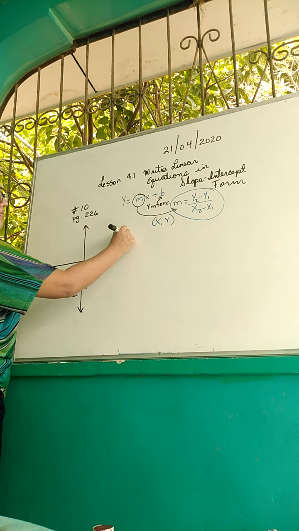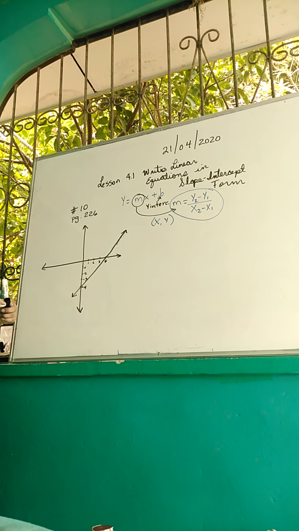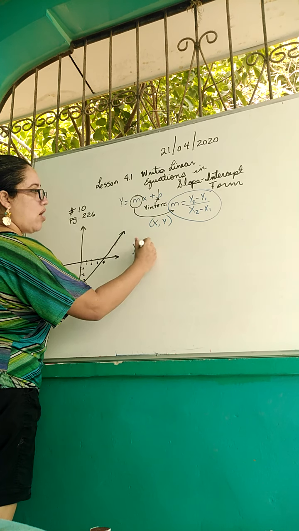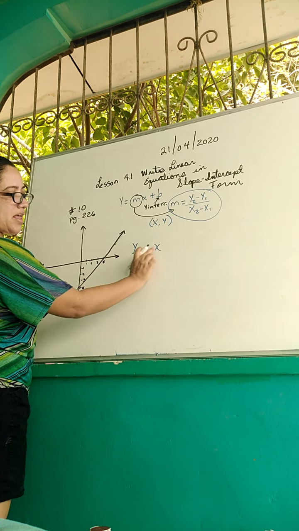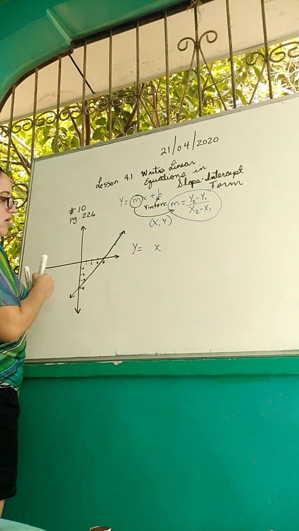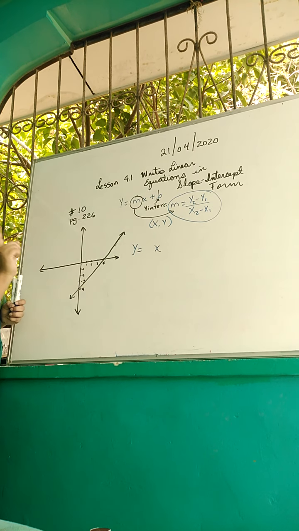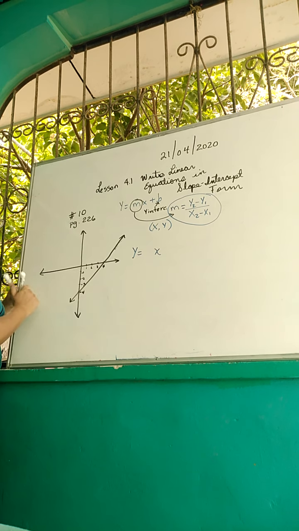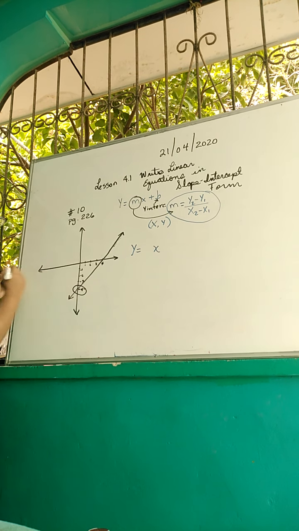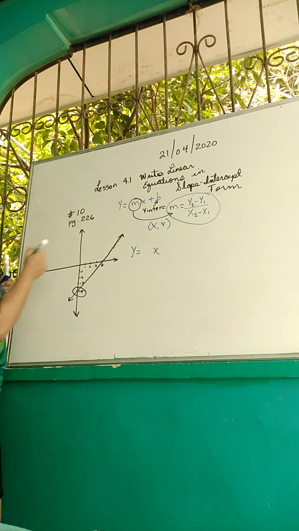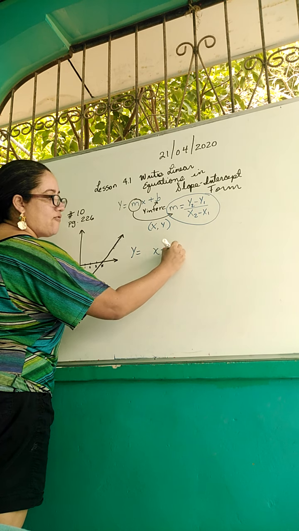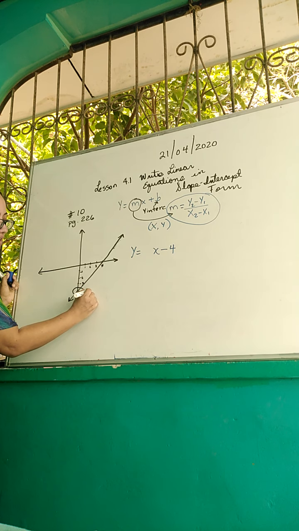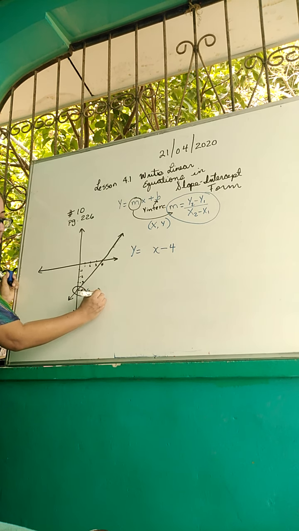There we go. First of all, y equals, we will always put the y and the x. What is the y-intercept, the point where it touches the y? It is, miren, negative 4. So we just put minus 4. We know that this coordinate is 0 and negative 4.